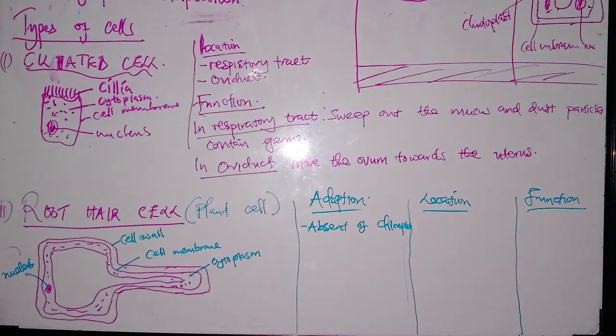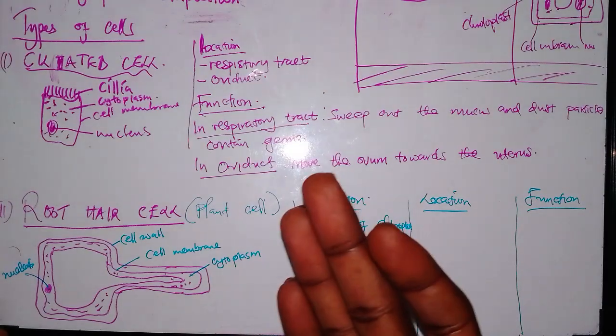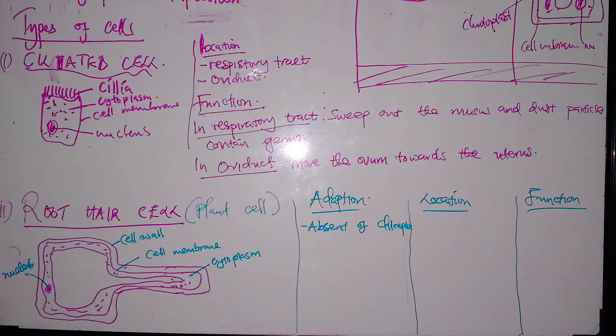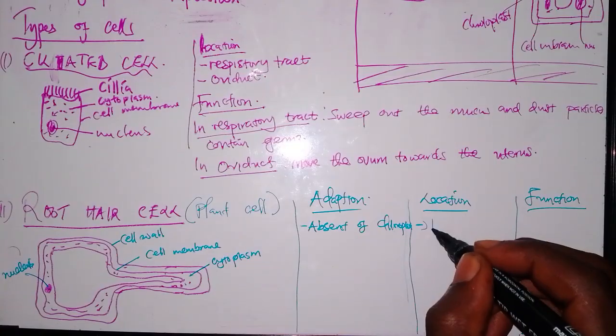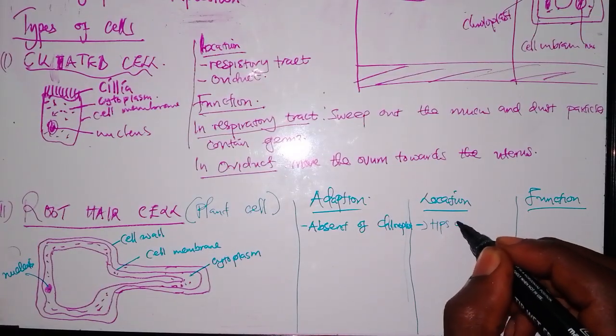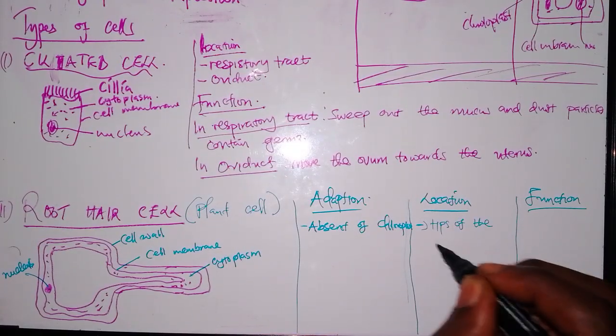Some of you might ask, why does it have the absence of chloroplast? The reason is the location of this type of cell. This type of cell is found at the tips of the roots.